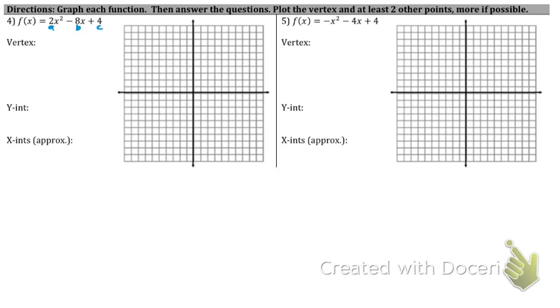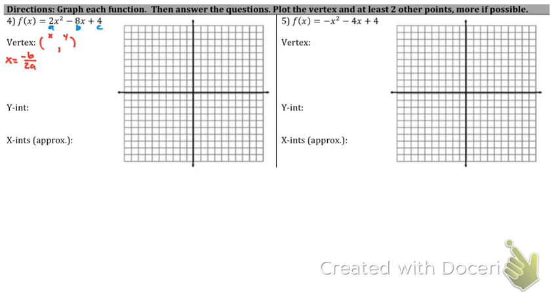So to find our vertex, we need x and y value. Okay, so let's find our x value using this, which is actually called the axis of symmetry formula. If you remember when we graph, it gives us the vertical line.